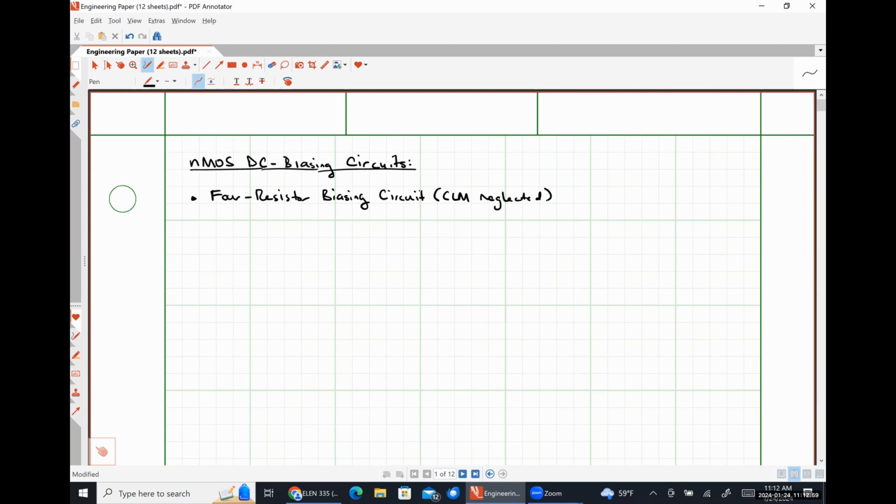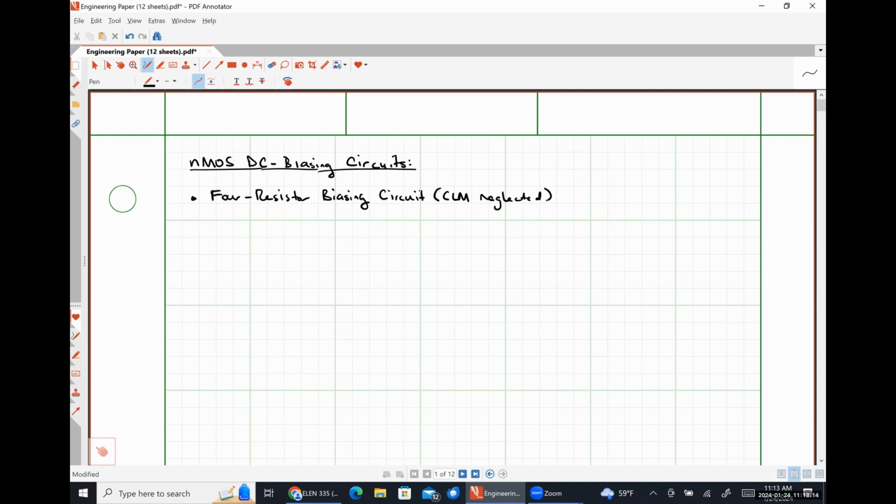We're not going to go through simple biasing, resistor divider biasing, and all of that, because A, this one's going to be ugly enough that we really don't have the time, and B, the equations that we're going to get, you can just adapt them to everything else.